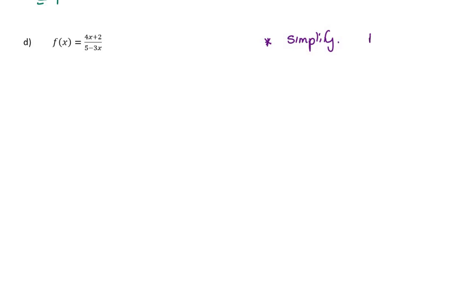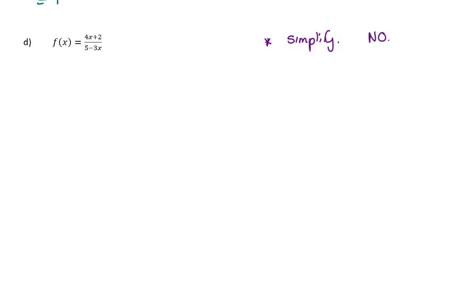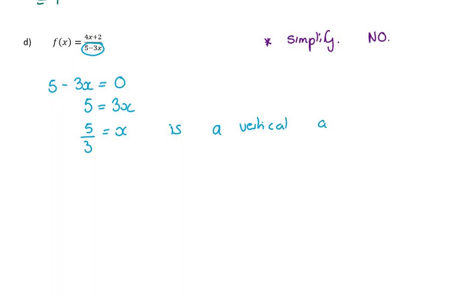So the answer to this was no, which means there's no removable discontinuities. However, there is a problem in the domain. So where does 5 minus 3x equal 0? So 5 would equal 3x, so x would equal 5 over 3. That will be a vertical asymptote because that will not be allowed as part of the domain.